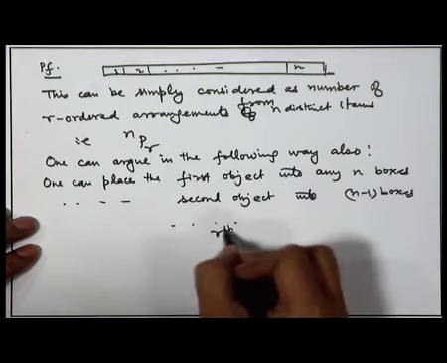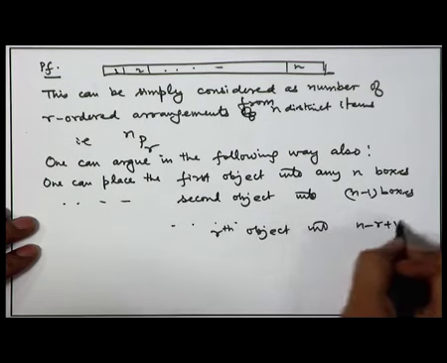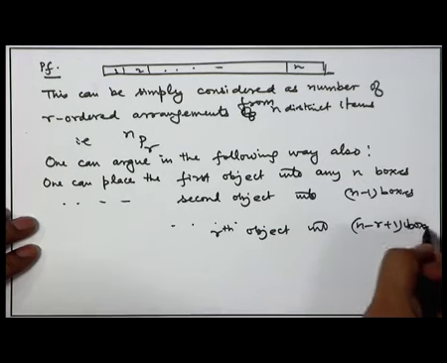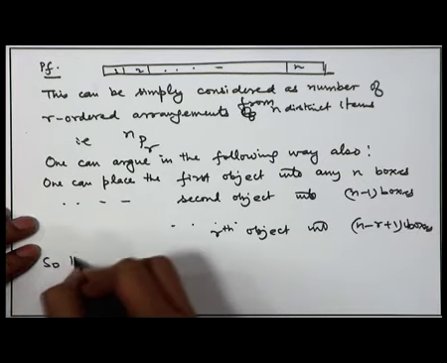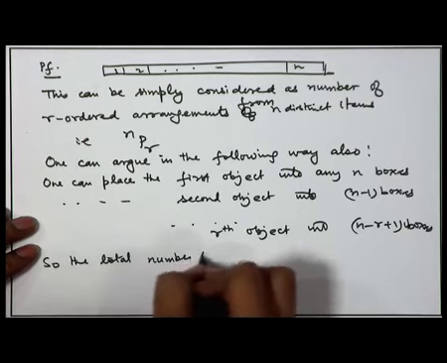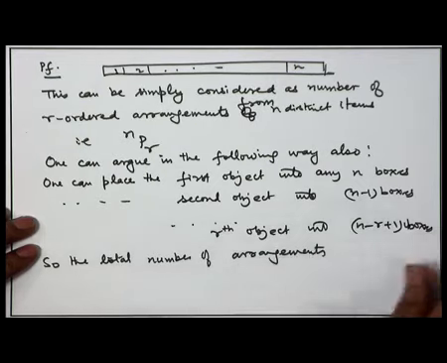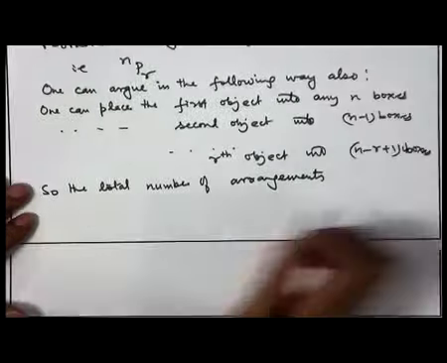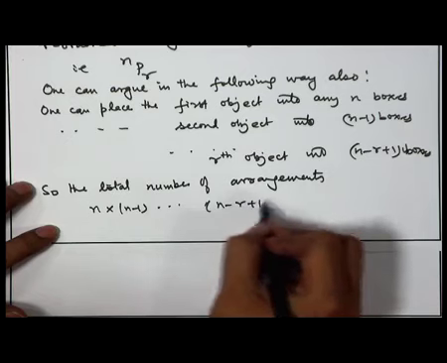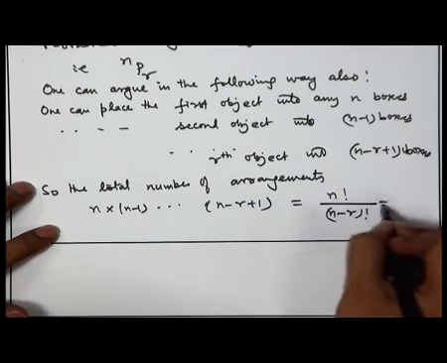So, the rth object into n minus r plus 1 boxes. So, the total number of arrangements is nothing but, by the multiplication principle, n into n minus 1 and so on up to n minus r plus 1, that is nothing but n factorial divided by n minus r factorial, that is nPr.